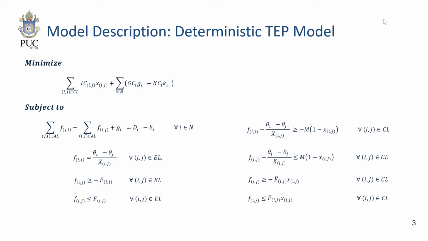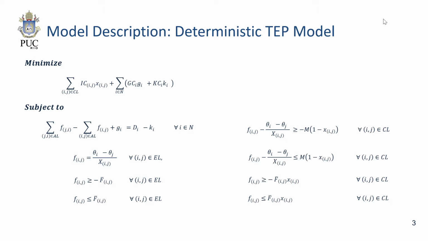So basically here we are deciding if we need to add circuits to the grid in order to properly attend this load with the current generation that we have. In the constraints of this problem, you can see kind of a trick to use this binary decision.